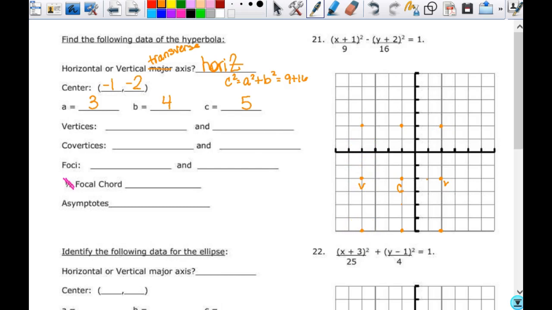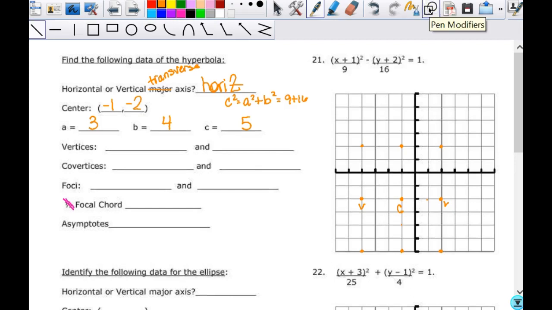Then you would want to use a straight edge, and I would suggest making them dotted, but I'm not going to make them dotted just because that makes it harder for me up here. I can't use my cheat tool, and without my cheat tool, it's not even going to look like a line, so. There. That's one asymptote.